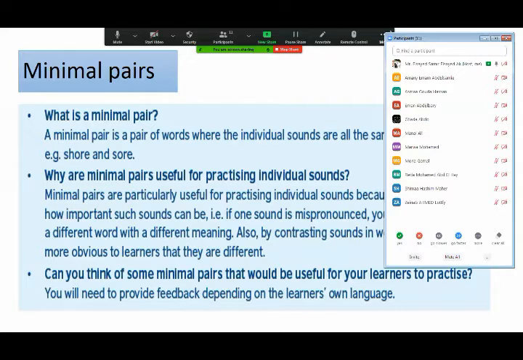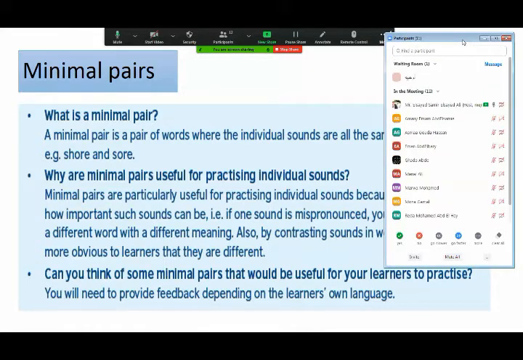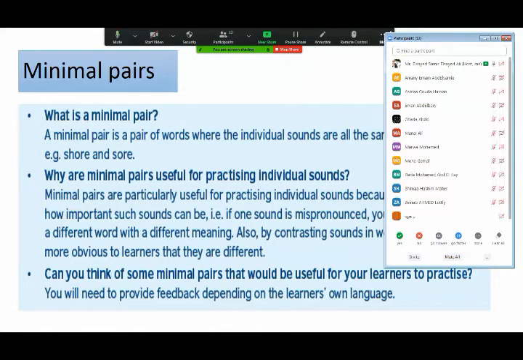Okay, let's continue. Minimal pairs. Okay, who can read? Who can read? Come on, guys. Who can read?